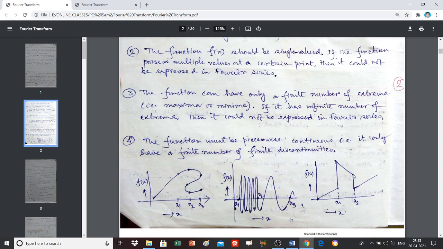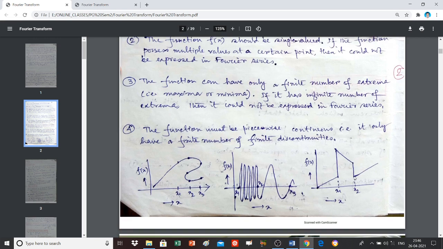So it is piecewise continuous. To express a function f(x) in Fourier series, that function should be continuous, or at least piecewise continuous, and if that happens, then it can be expressed in terms of Fourier series.